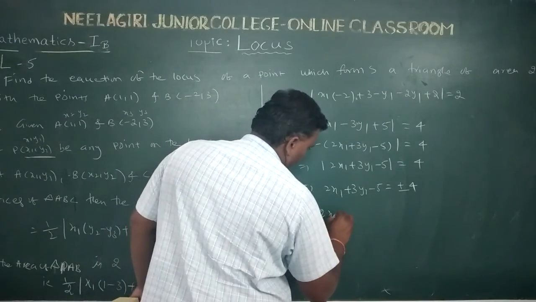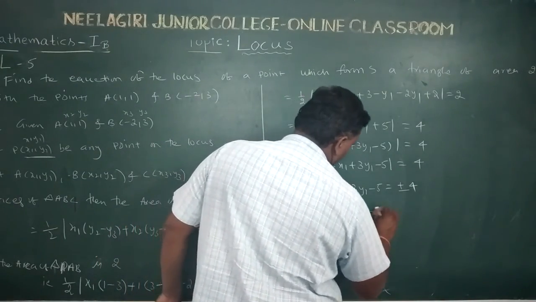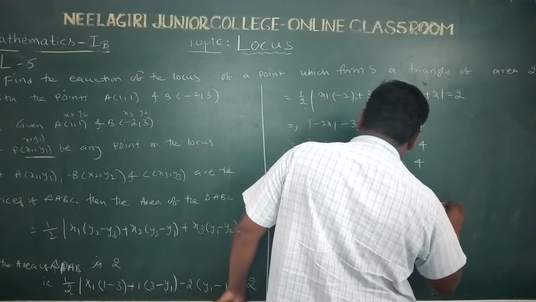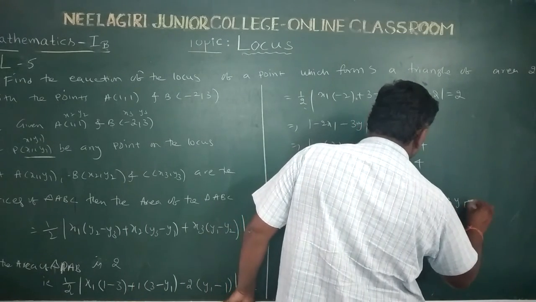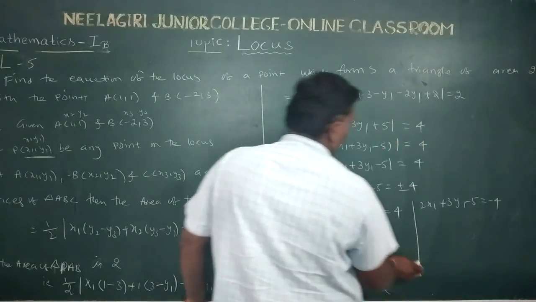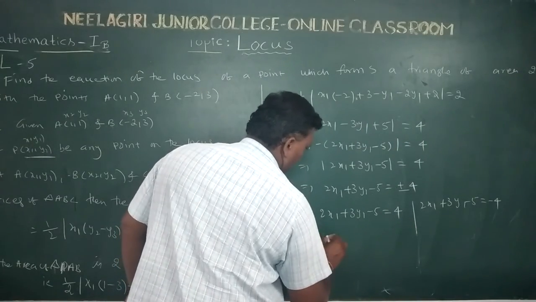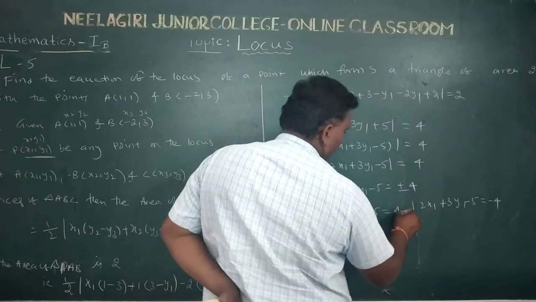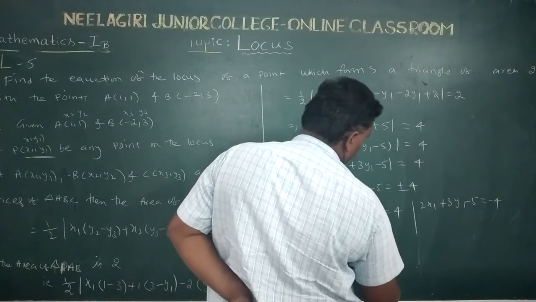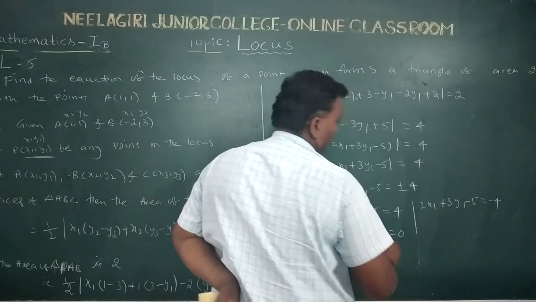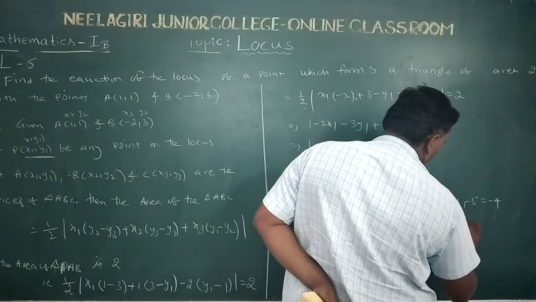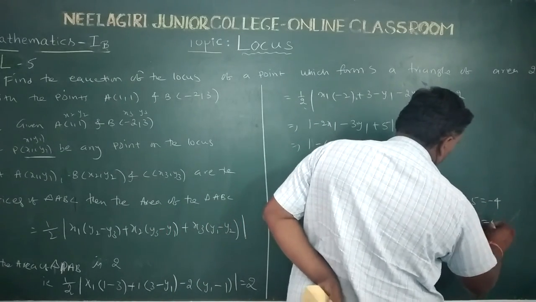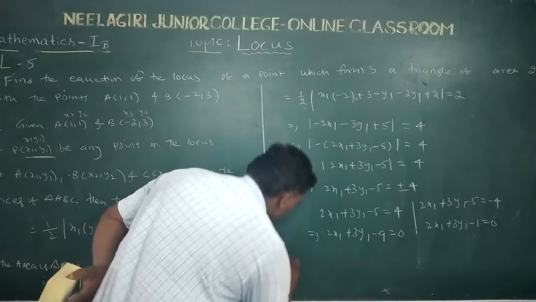Now 2x1 plus 3y1 minus 5 is equal to 4, and 2x1 plus 3y1 minus 5 is equal to minus 4, which implies 2x1 plus 3y1 plus 4 goes to left side, minus 4, minus 9 is equal to 0. 2x1 plus 3y1 plus 4, minus 5 plus 4 is equal to minus 1 is equal to 0.